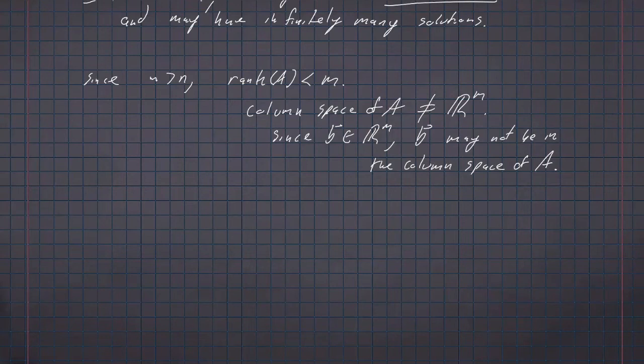In the second case, since M is less than N, we have that the rank of A is less than N, right? Rank of A is always at most the smaller between the number of rows and number of columns.